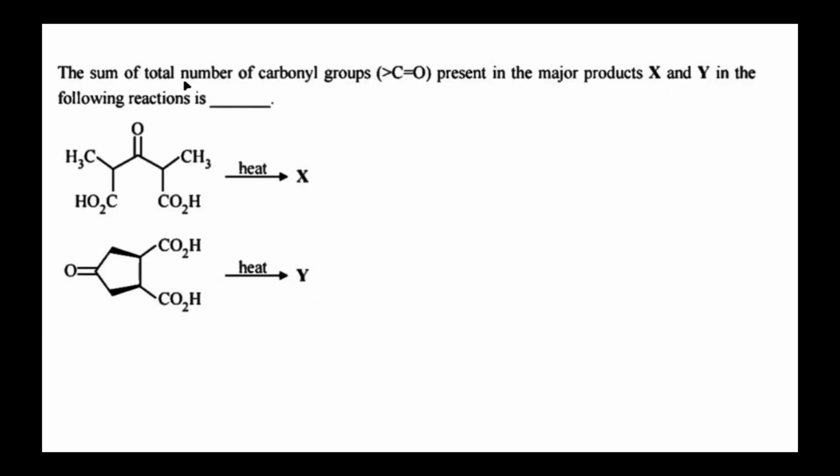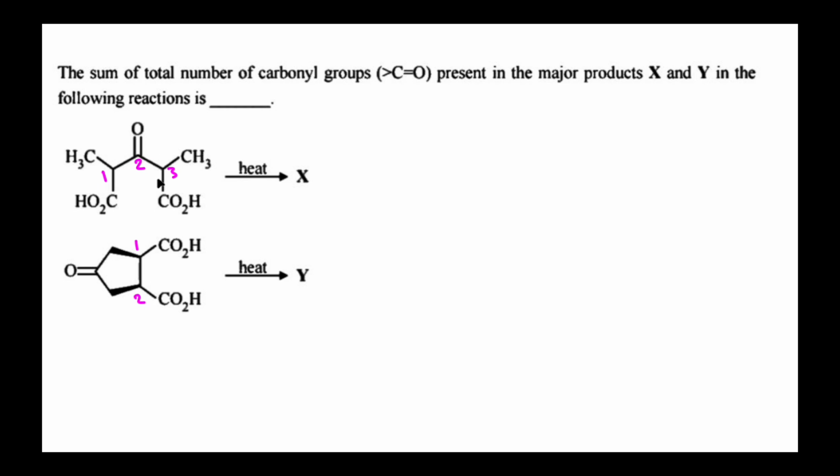The next question: the sum of the total number of carbonyl groups present in the major products X and Y in the following reactions. In these reactions, carboxylic acid groups are present. The carboxylic acid groups are present in the first compound at 1,3 position, in the second compound at 1,2 position.